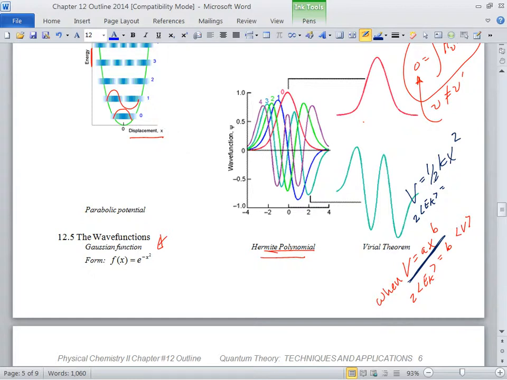I'm just playing around with it, just to show you that average kinetic is average potential.